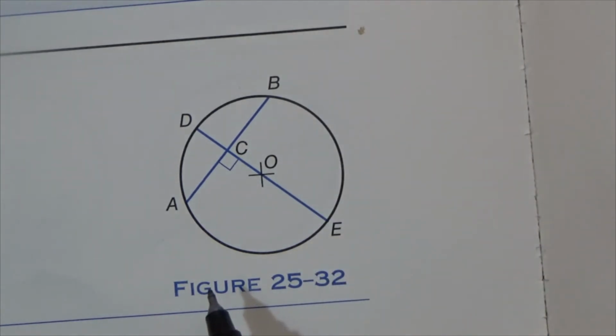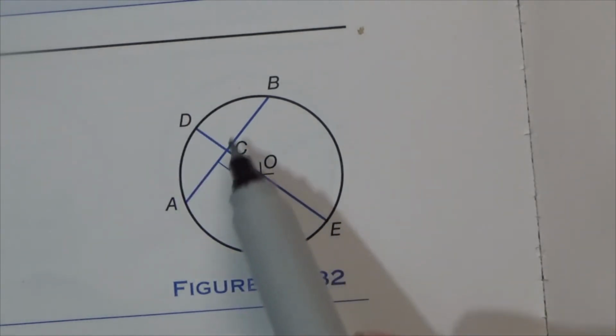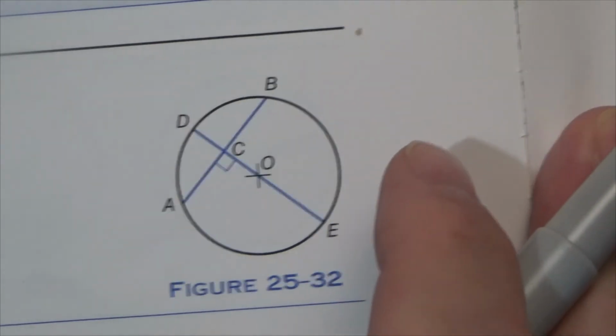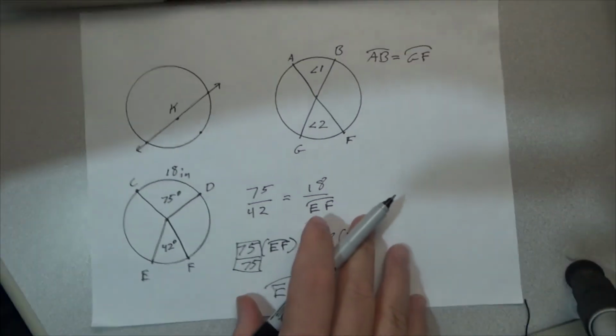And also at the same time, arc AE is equal to arc EB. That's because the diameter is perpendicular to that chord. Sometimes it's better just to look at it rather than to draw it.